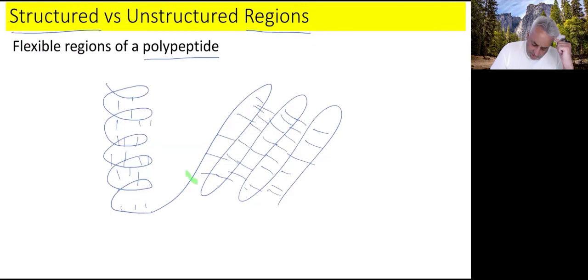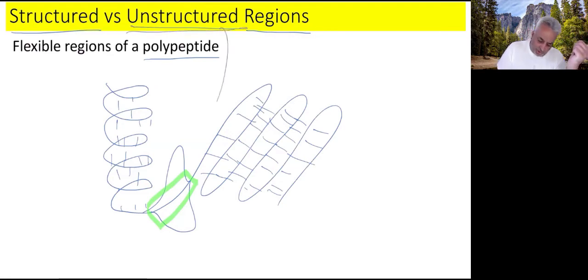Maybe this region here of this polypeptide can be found in alternative configurations during a period of time. So 1 second is there. The next second, maybe, if I go back to the original color, maybe it's down here like this. And the third second is up here. So because it can fluctuate, it has no definitive structure, we call those unstructured regions.